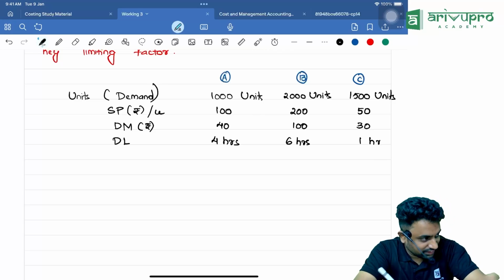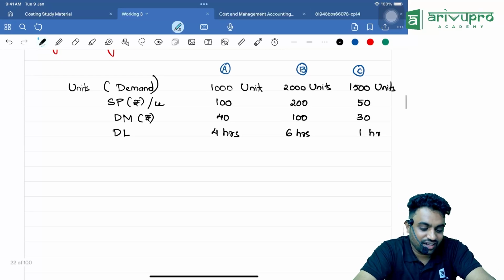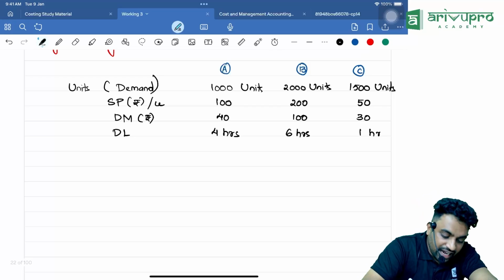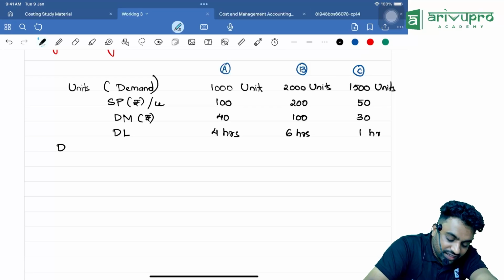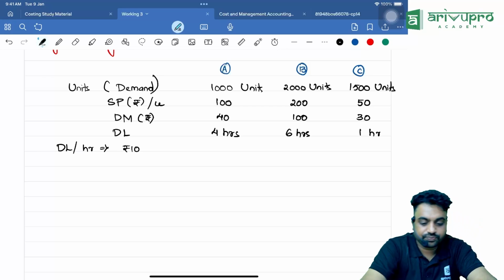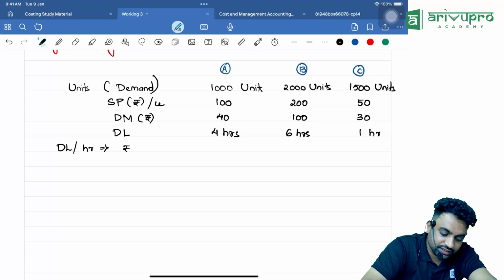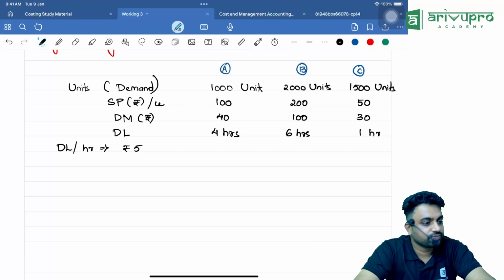Otherwise, the example will go wrong. Now, direct labor per hour, let's say rupees 5.